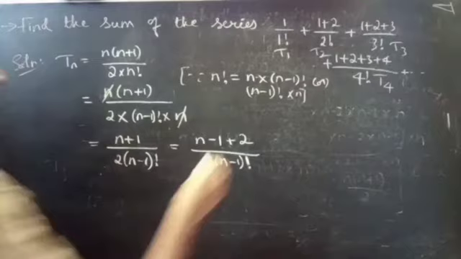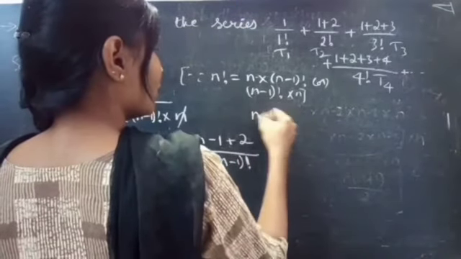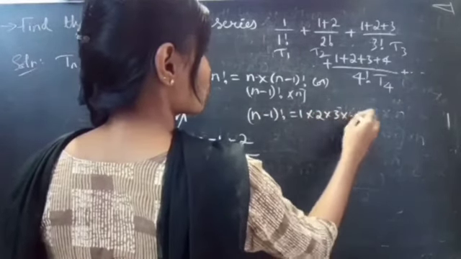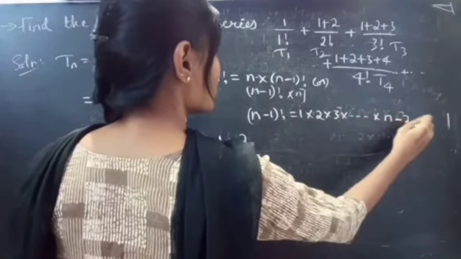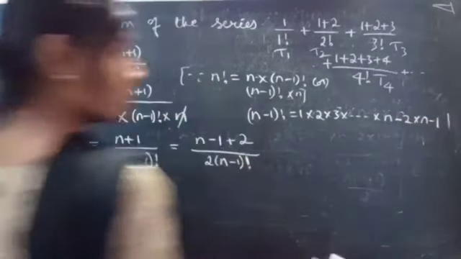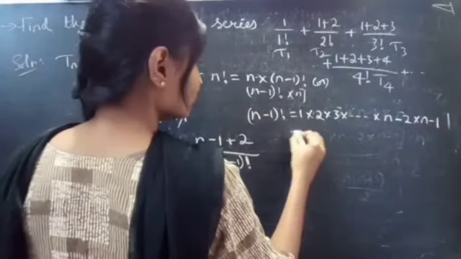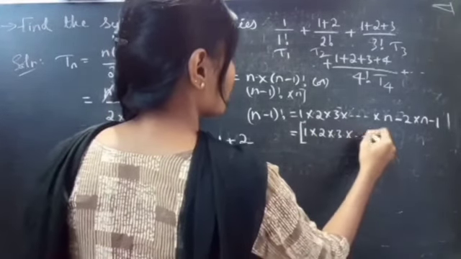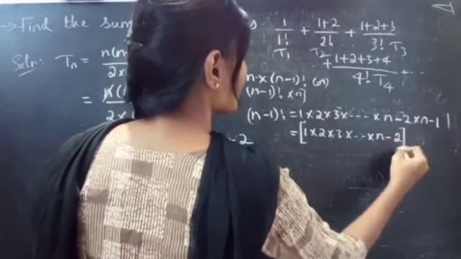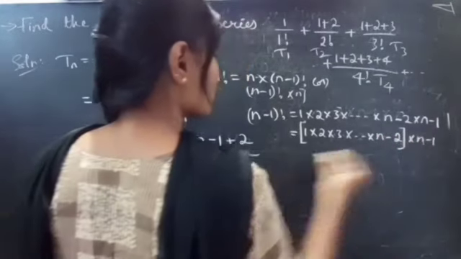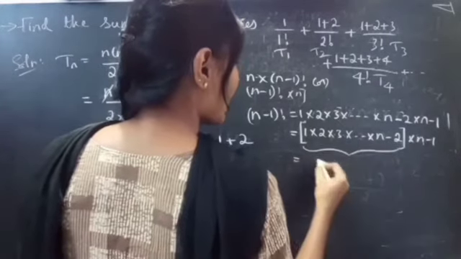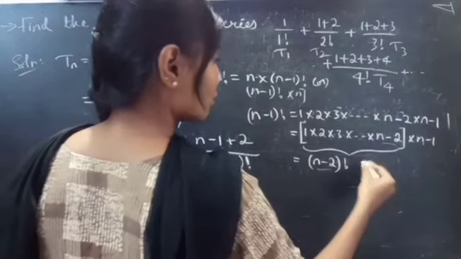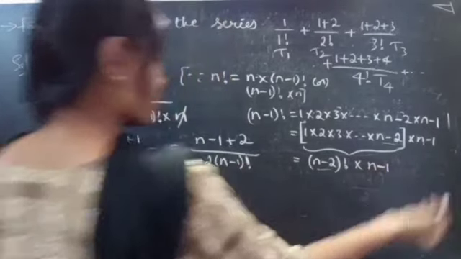Since n minus 1 factorial equals 1 into 2 into 3 into so on into (n minus 2) into (n minus 1), I could write it as 1 into 2 into 3 into so on into (n minus 2), and this is obviously n minus 2 factorial, ending with the same number, into (n minus 1).